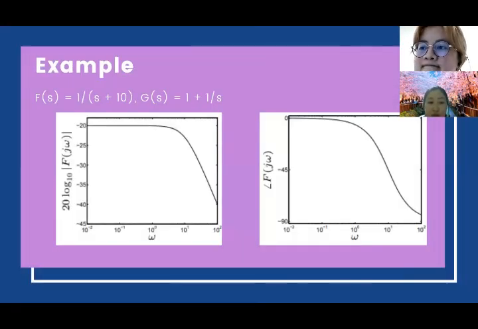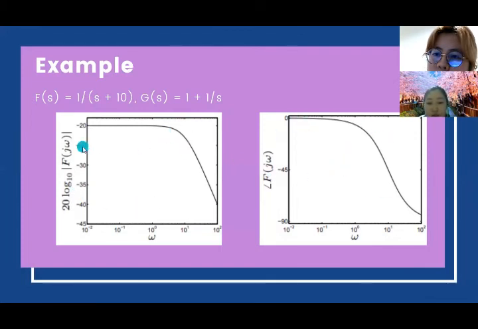Okay. Here's an example to help you understand Bode plots better. For example, F(s) is equal to 1 over s plus 10 and G(s) is equal to 1 plus 1 over s. There are several Bode plots provided to help us.